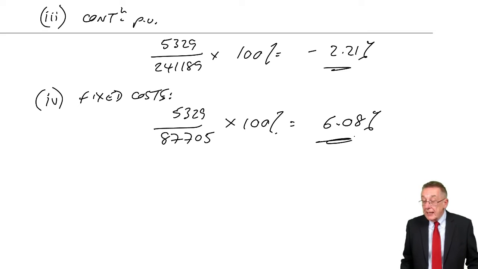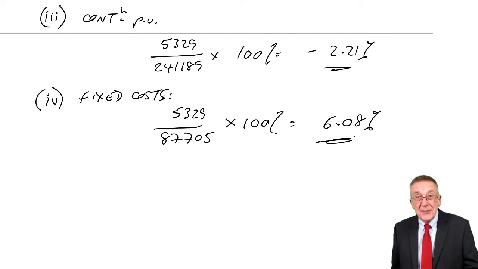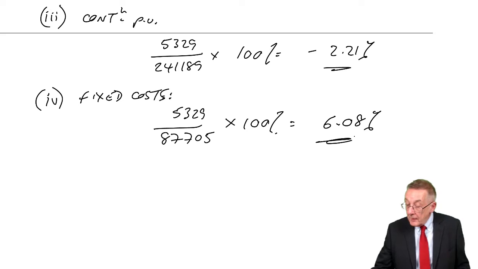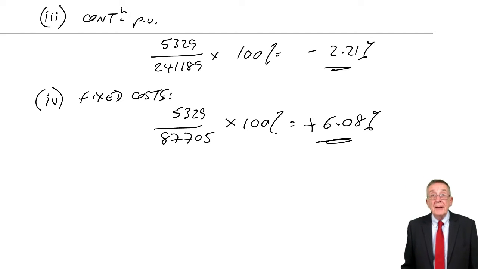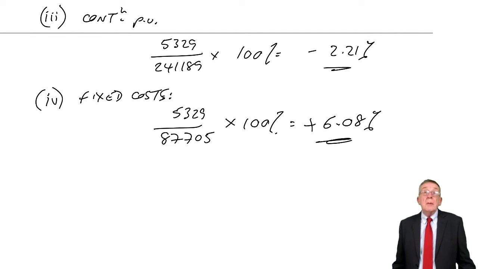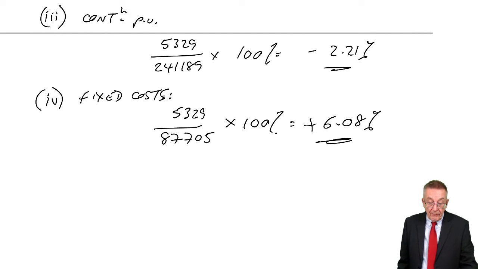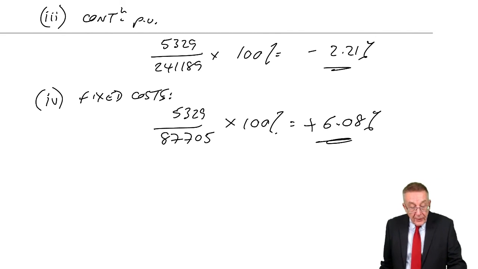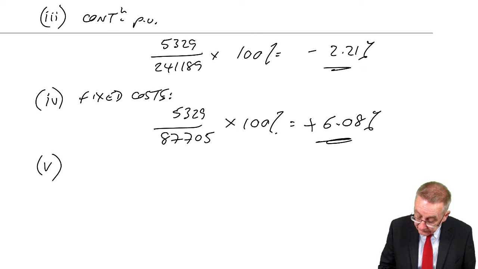And again, be careful about direction. Appreciate, because these are costs, we've only got a problem if these increase. If fixed costs are lower, the NPV gets better and better. Virtually there.